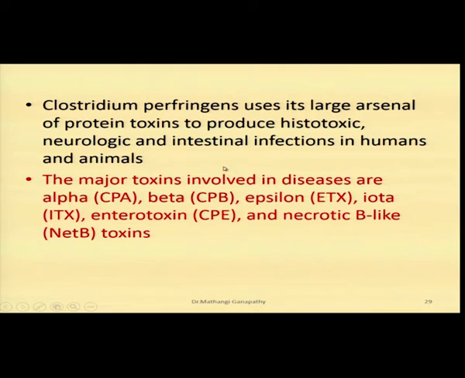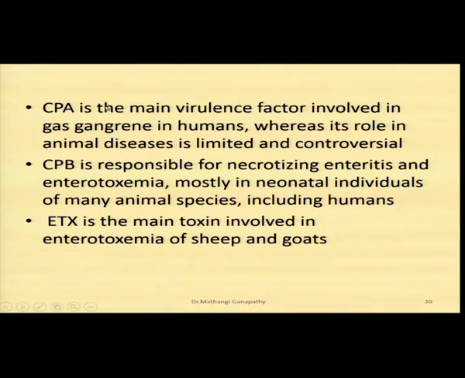The major toxins involved in diseases are the alpha, otherwise called the CPA toxin, the beta, which is called the CPB toxin, the epsilon, which is called the ETX toxin, then the iota, or ITX, the enterotoxin, which is CPE, and the necrotic enteritis B-like, or NetB toxin. These are the arsenal of toxins synthesized by Clostridium perfringens.